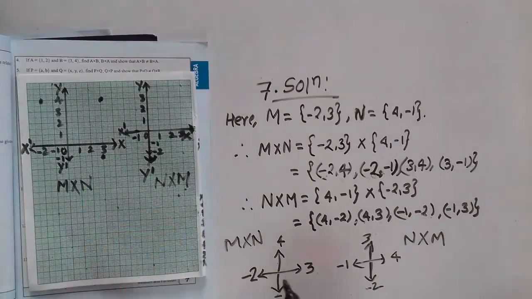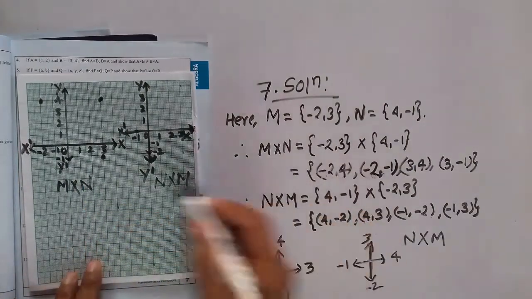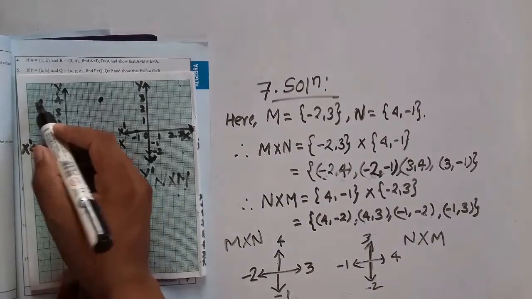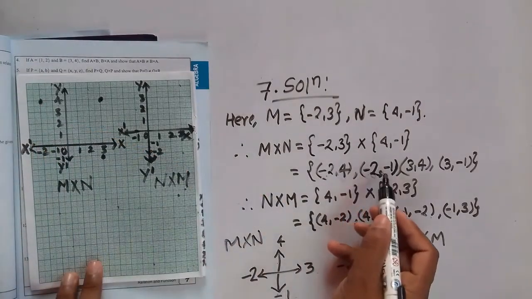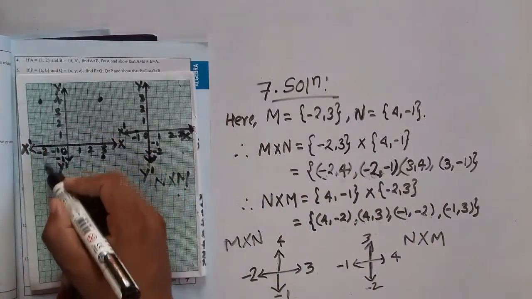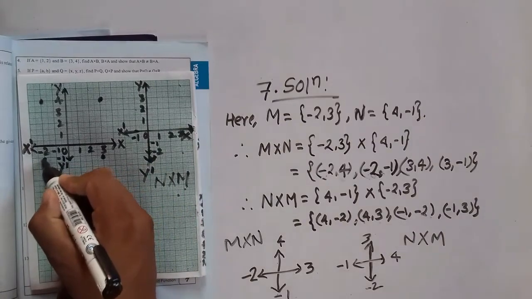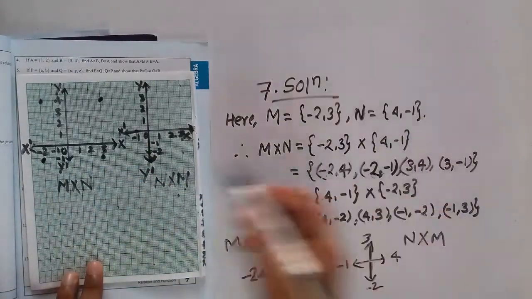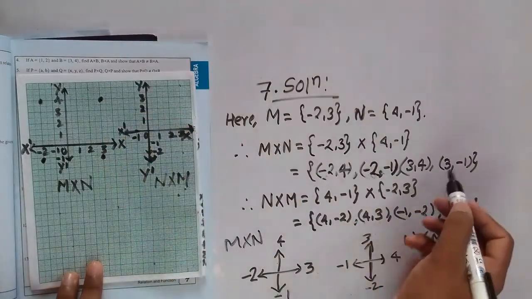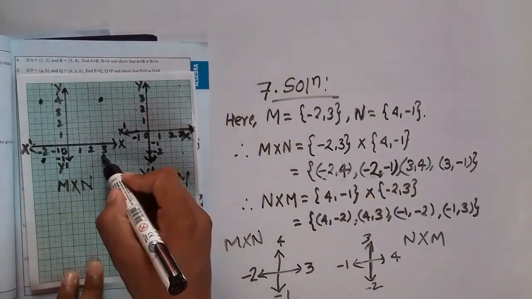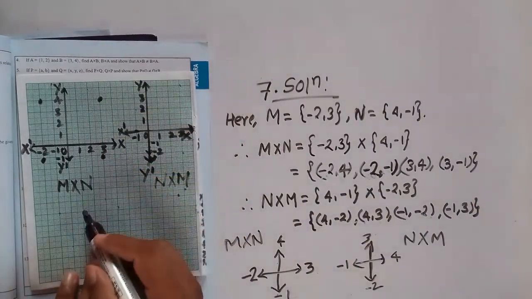And for plotting we have (-2,4), then (-2,-1) here, then (3,4) and (3,-1). In this way we have completed this.